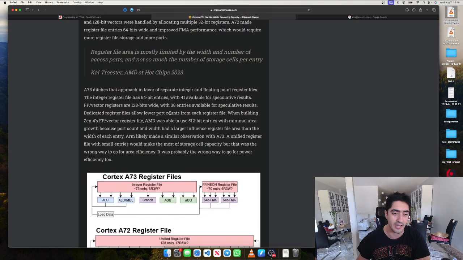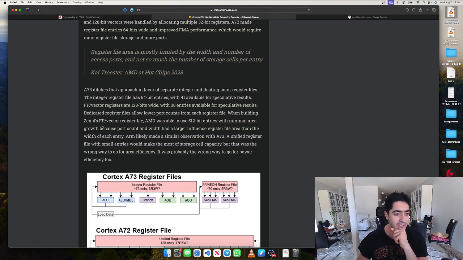A73 ditches that approach in favor of separate integer and floating point register files. The integer register file has 64-bit entries with 41 available for speculative results. FP/vector registers are 128 bits wide with 38 entries available for speculative results. Dedicated register files allow lower port counts from each register file.